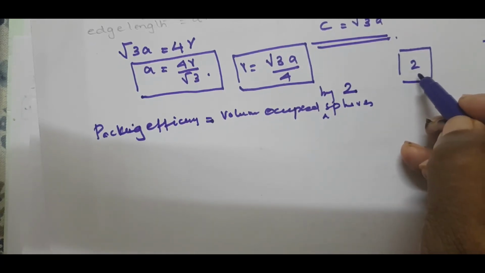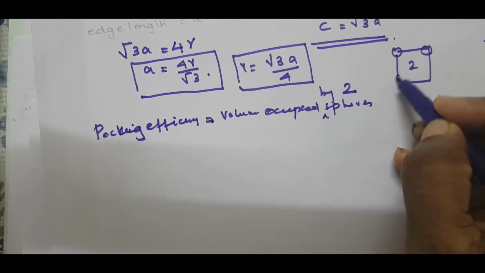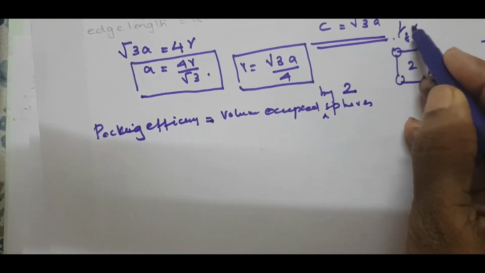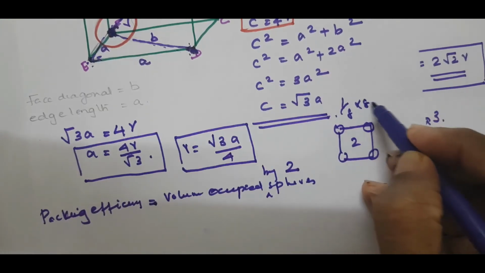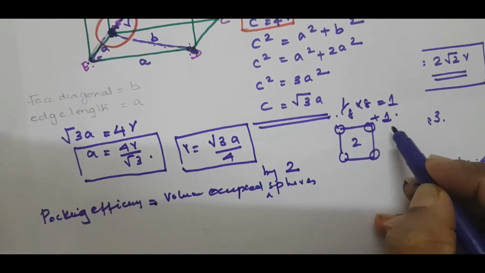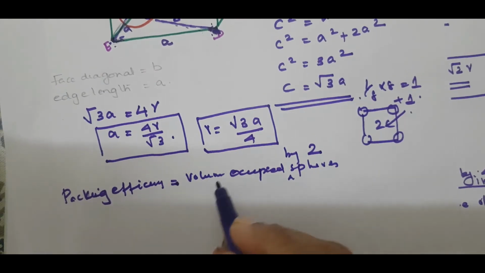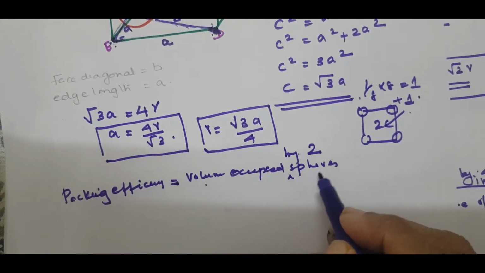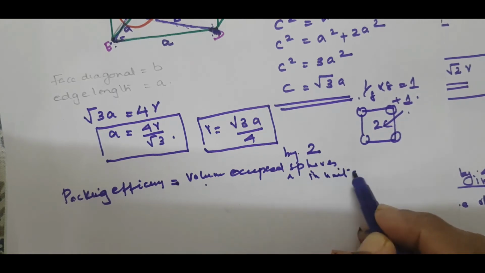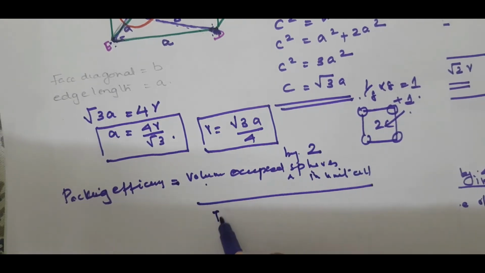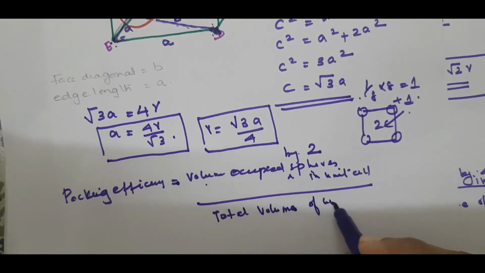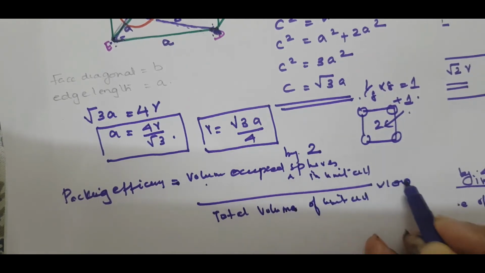In BCC there are 2 spheres, that is 8 spheres at the corner, 1 by 8 into 8, that is equal to 1, plus 1 in the body center. So it will be 2 spheres. So the packing efficiency will be the volume occupied by 2 spheres in a unit cell, divided by the total volume of the unit cell, into 100.